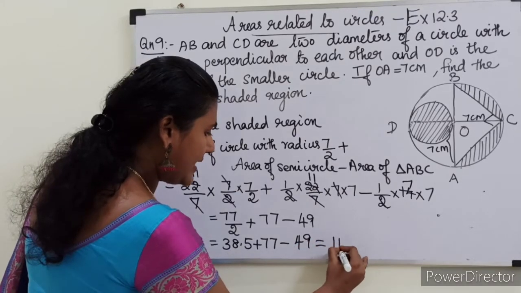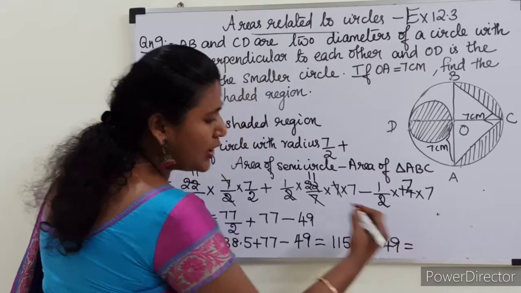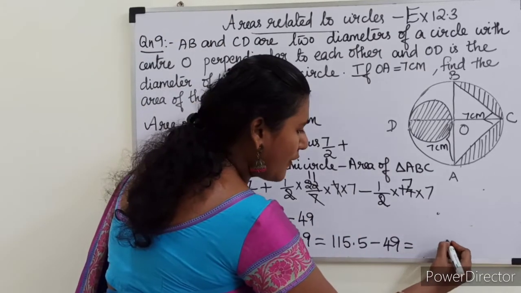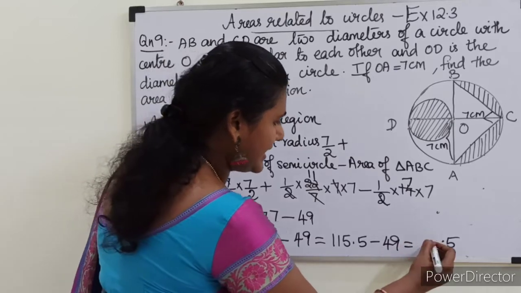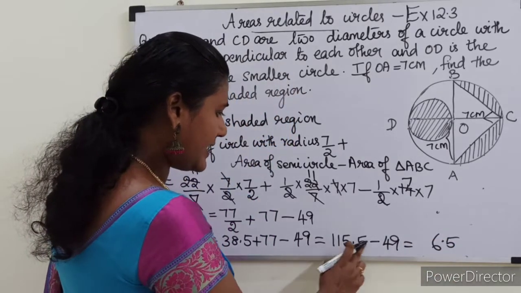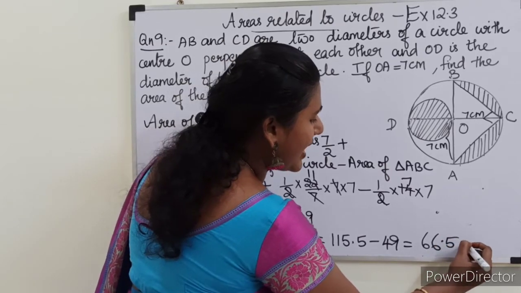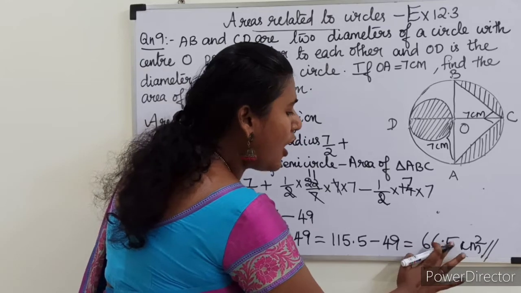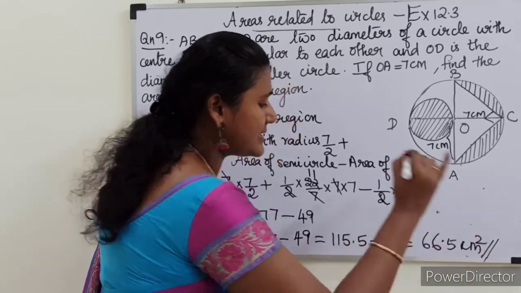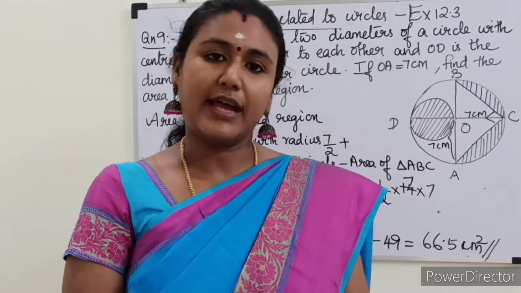So when you add, 115.5 minus 49. Now we will subtract. So 0.5, here 15 minus 9, that is 6. And again here 10 minus 4, that is 6. So 66.5 centimeter square. So this is the area of the shaded region, 66.5 centimeter square. Thank you, students.